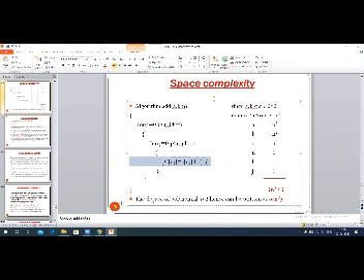To store the matrices inside the memory, you will require more memory. How much memory depends upon the dimension of your matrix. A 3 by 3 matrix will hold n cube. A 4 by 4 matrix will require n raised to power 4. Similarly, here only i and j are there, so we are considering a 2 by 2 matrix.